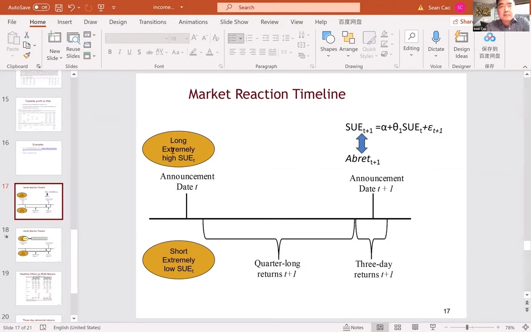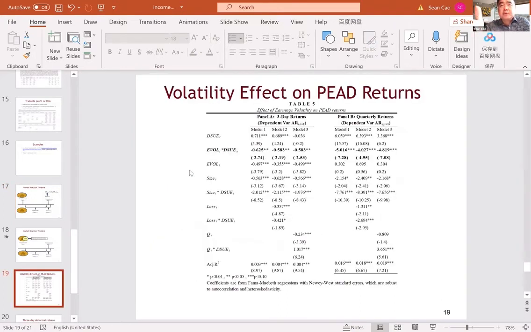Let me repeat it one more time. If you buy the stock here and hold from here to here, 3 months, you gain 6%. If you only buy and hold for 3 days, it's about 0.71%. That's pretty high. The importance of the 3 day return is that it is less risky.